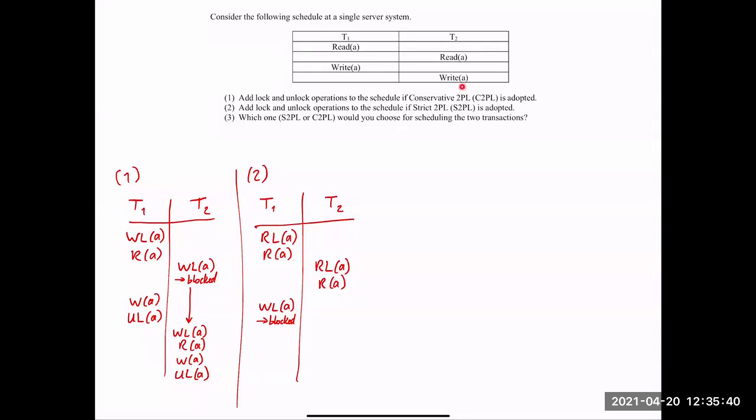And the last operation here is the one by T2. So it also wants to write A. So it needs to also upgrade its read lock to a write lock. And is that going to work? Is it going to get blocked?